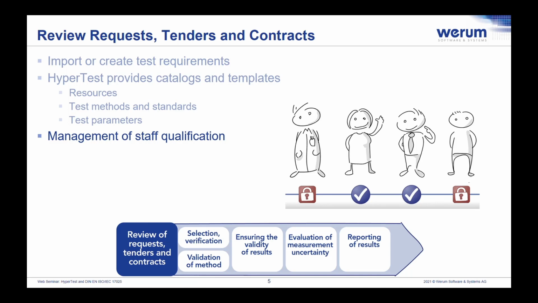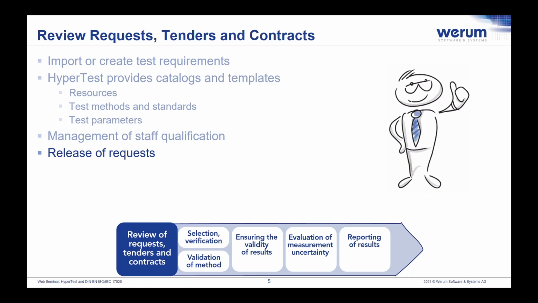With its integrated master data management, HyperTest makes sure that only adequately qualified staff can review the requests and are authorized to choose proper methods or assess if the methods inquired by the customer are suitable.